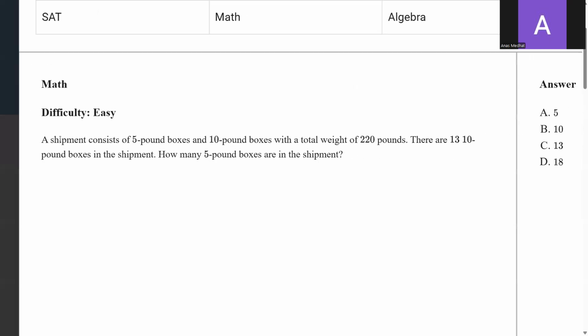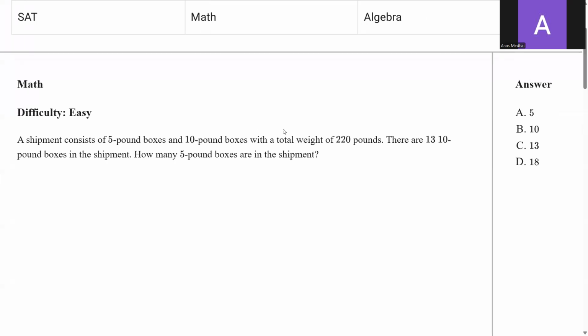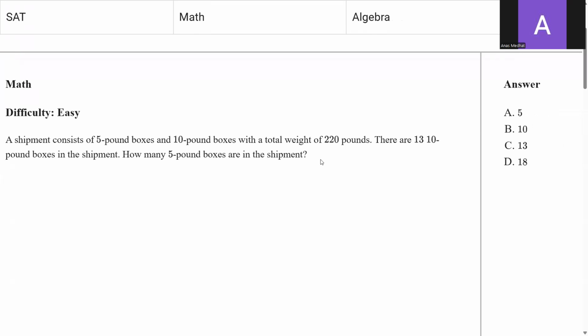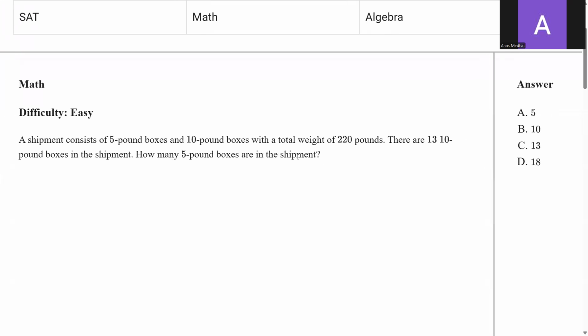A shipment consists of 5-pound boxes and 10-pound boxes with a total weight of 220 pounds. There are 13 10-pound boxes in the shipment.